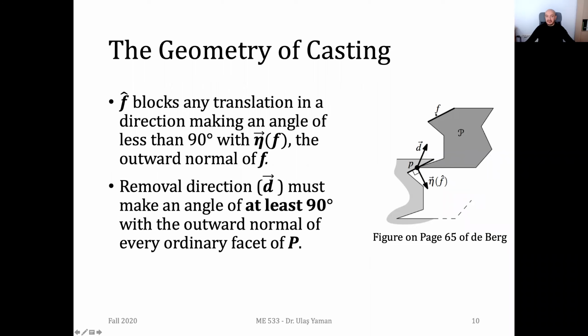This is our requirement. If it's less than that, then that means we cannot do the casting.